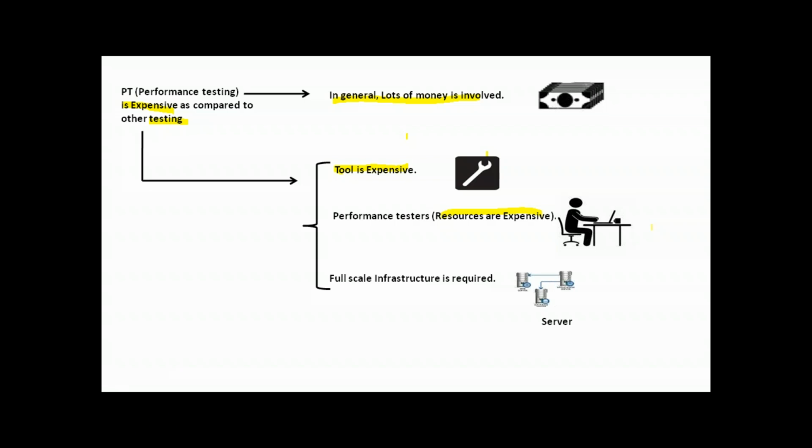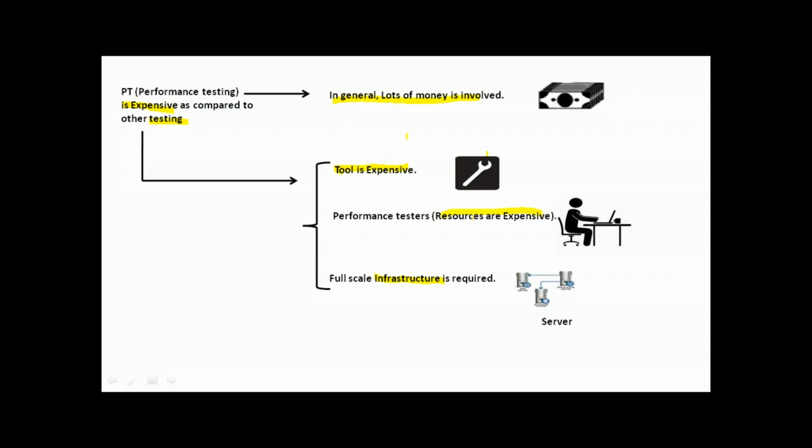So resources are expensive, and you need a full-scale infrastructure, which I will talk about later. When I get into architecture tomorrow, that's when you'll start getting terms like environment, infrastructure, and all that. But at this point of time, you just need to understand that you can't have just any infrastructure or environment.